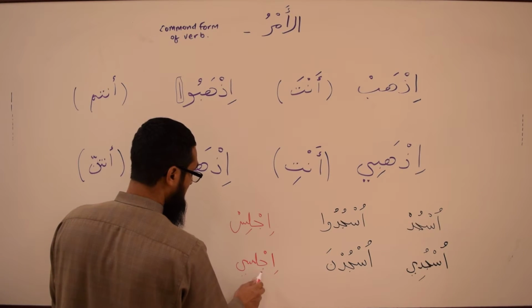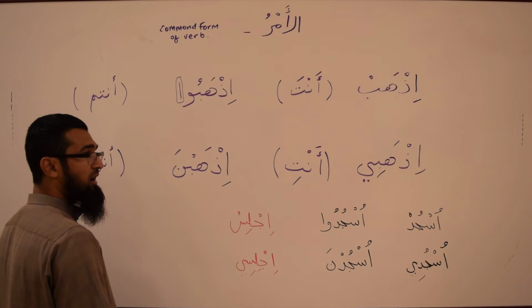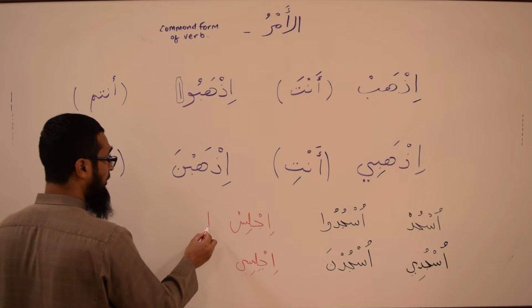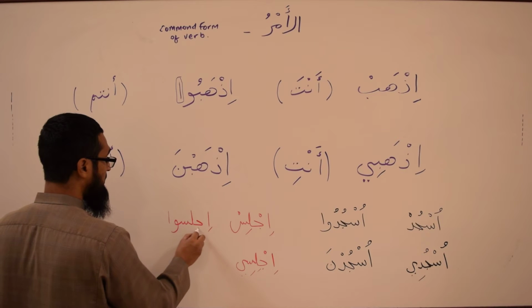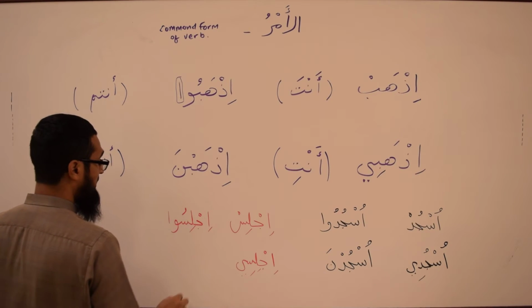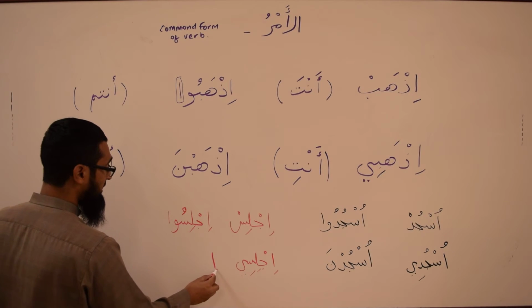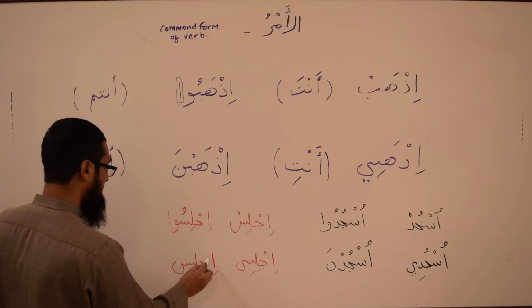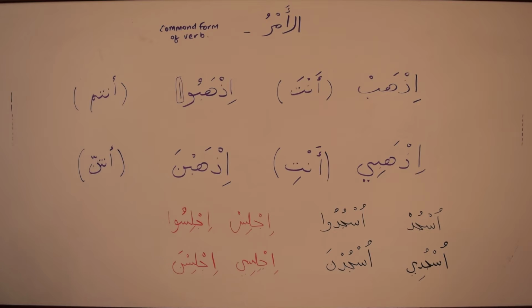Ijlisi. You're commanding a group of people, mixed gender or all males, you'll say ijlisu. And if you're commanding a group of females, what do you tell them? Ijlisna. Alright?